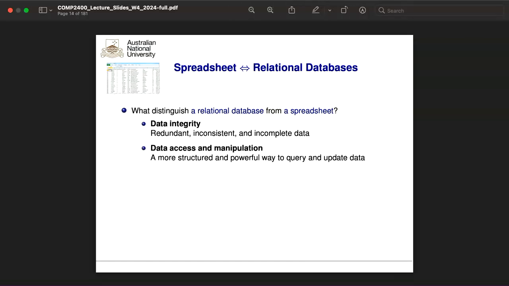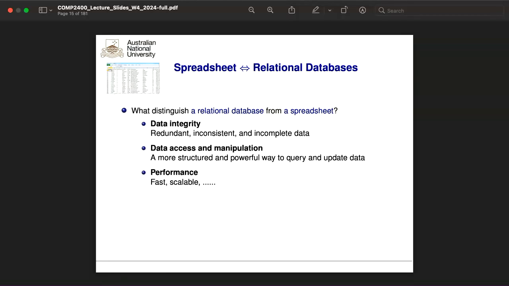Also, SQL: in your assignment, you write queries to find information. In this kind of structured way, database querying is very hard to do on an Excel spreadsheet. That's another difference.